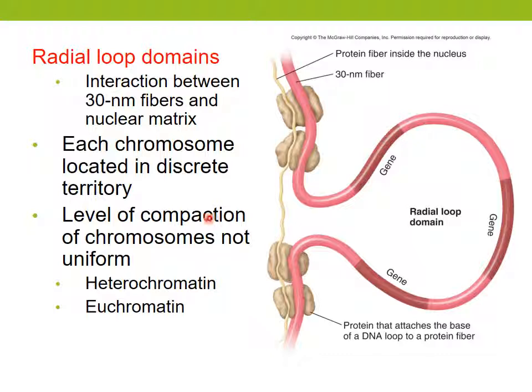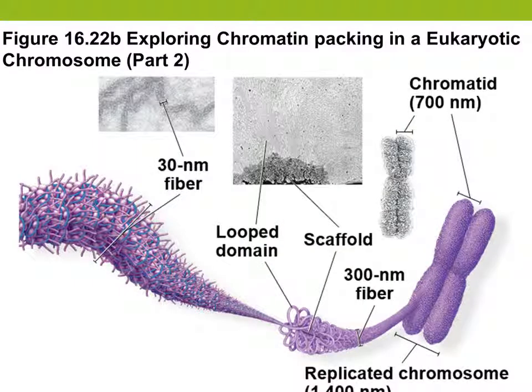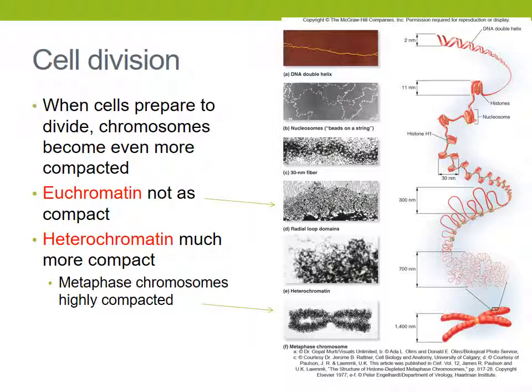After that, you have some looping going on, so you form some loops. You can see it on this picture: loop, loop, loop. Eventually, the loops continue to fold. There are some terms here. Euchromatin is not very compact. Heterochromatin is very compact.